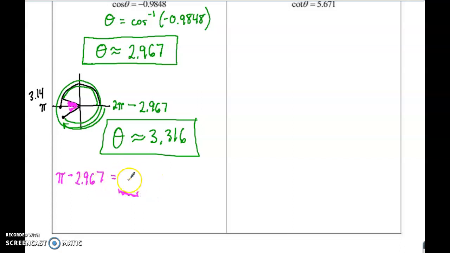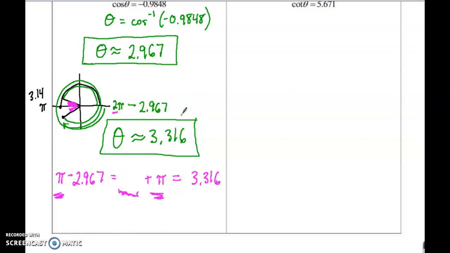You take that answer and add pi to it. And then that'll give you 3.316, because it should be the same answer. And that should make sense, because what do you notice is my problem is a positive pi and a positive pi. Well, that is 2 pi, and we only subtracted that 2.967, which is exactly what I did.